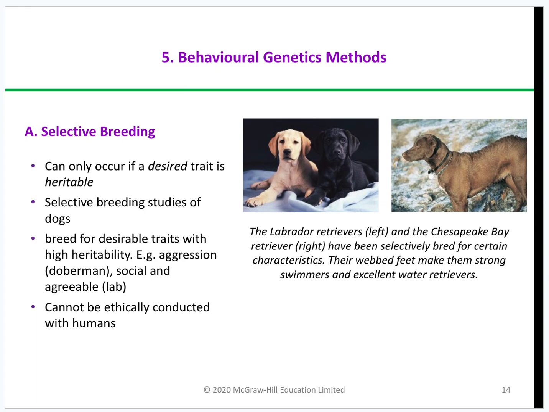Labradors were bred to be very social, very friendly, very agreeable, whereas other dogs, say Dobermans, can be bred to be more aggressive. So that's evidence that you can breed for personality traits, and personality traits therefore do have a physiological basis.